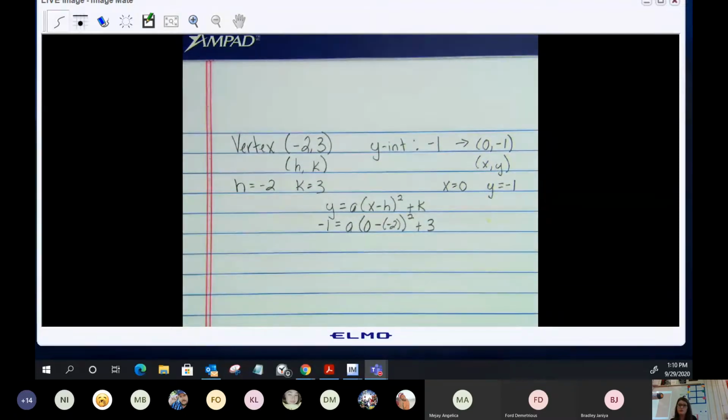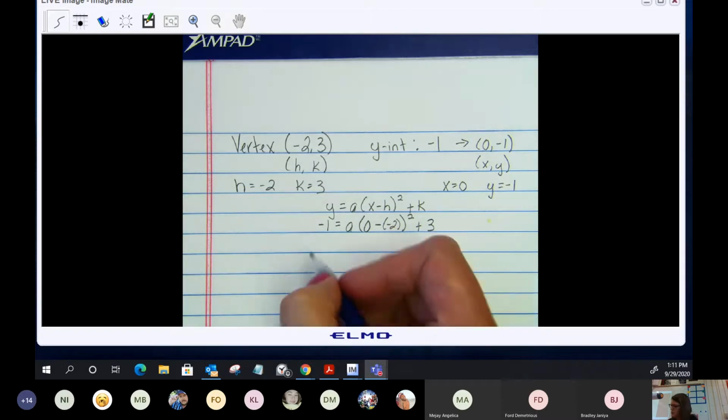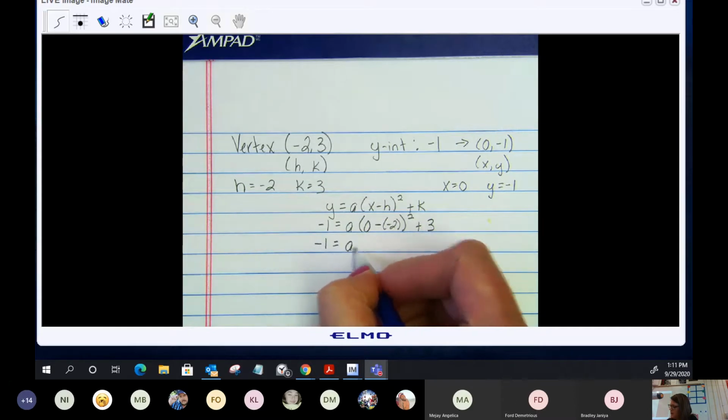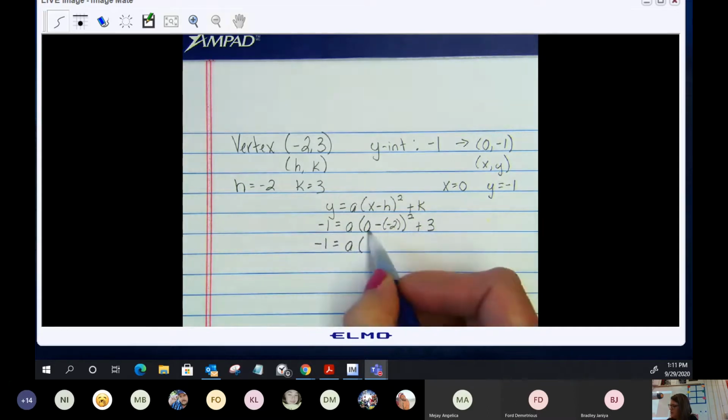Now I'm just left to do some algebra to solve for a. I'm going to start cleaning this up. I'm probably going to take a few more steps than maybe you need to, but I want to make sure we're showing it step by step and everything is nice and clear. So I have -1 equals a times, well, 0 minus a -2 is 0 plus 2.